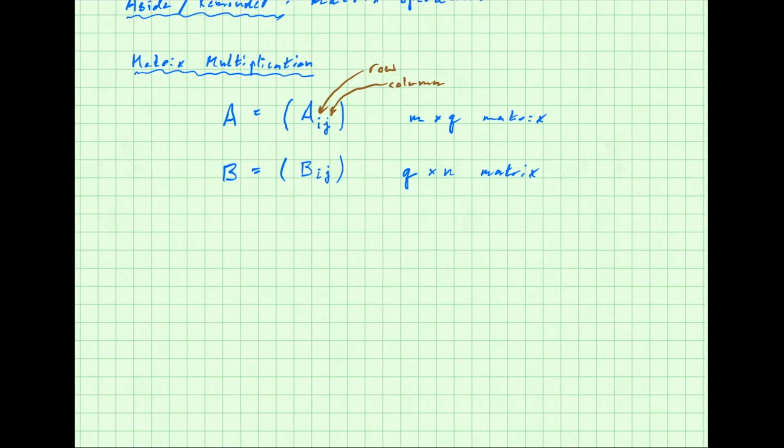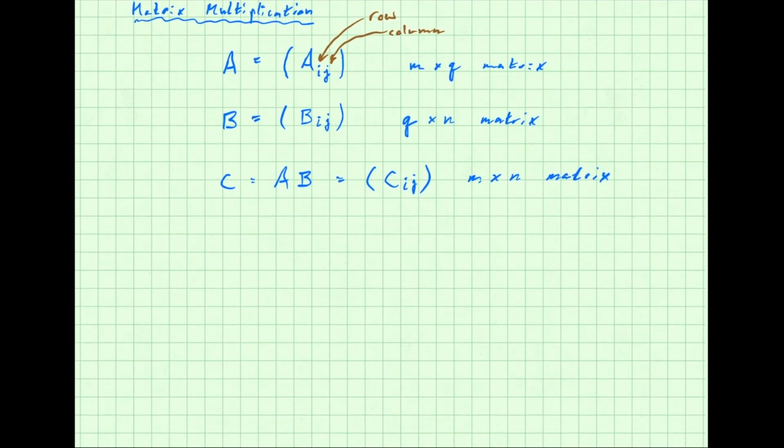Then if we make this third matrix, which is the product of the two, and it's going to have elements that we'll call Cij, this thing will then be an m by n matrix. And it's defined in the following way, so that Cij is equal to a sum over an index we'll call k.